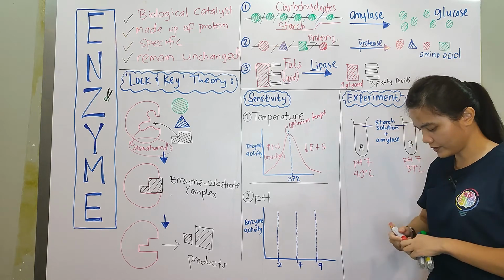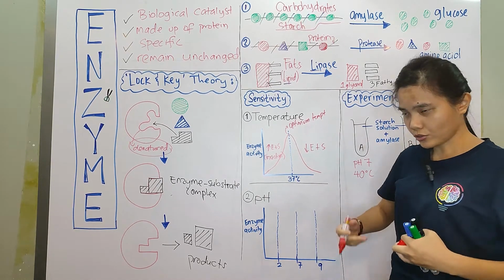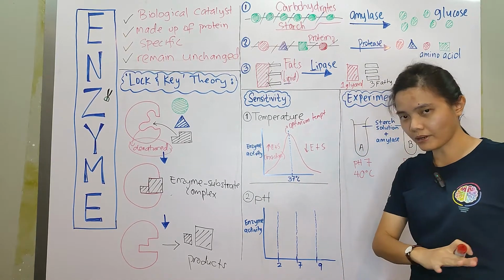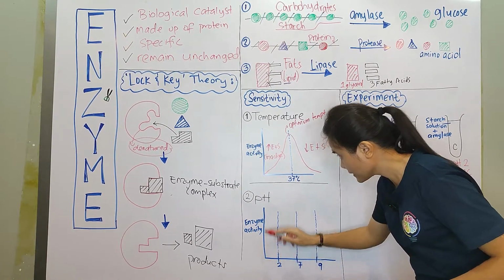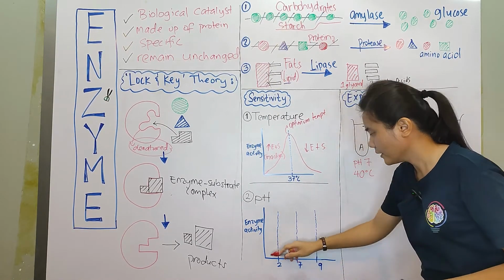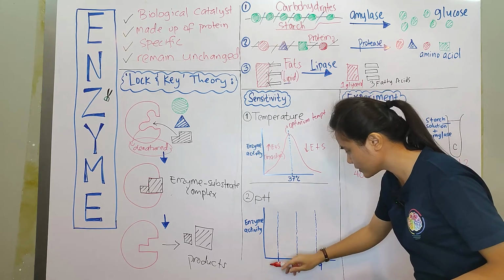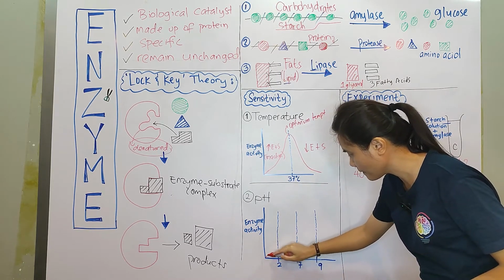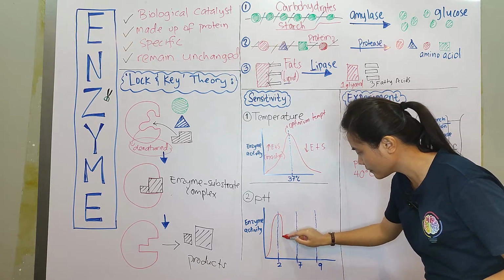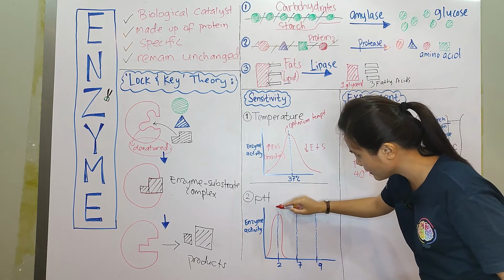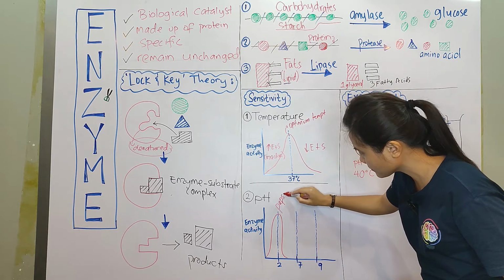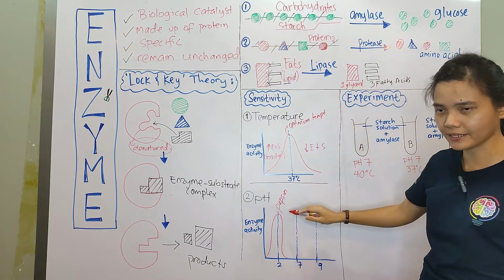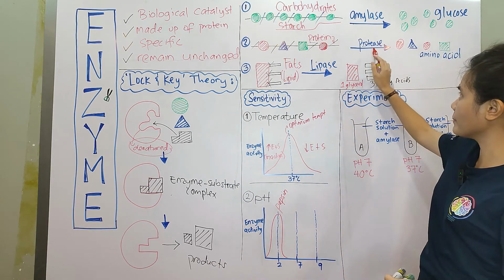So we look at pH 2 first. In your stomach, the shape of the graph is always the same. You have it like this. So imagine this is enzyme pepsin. Pepsin is actually a member of protease.